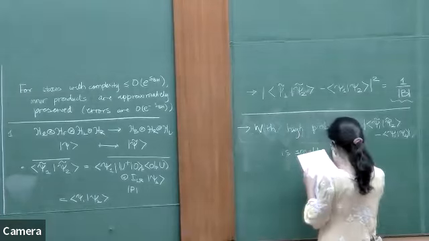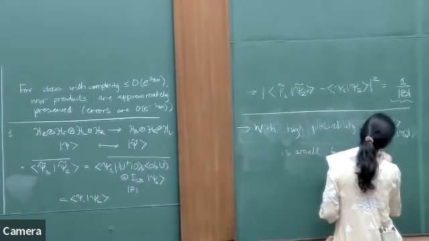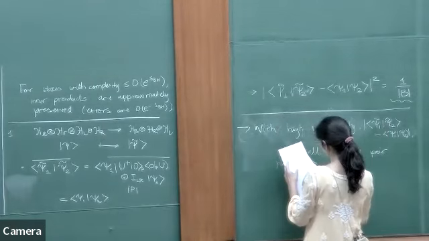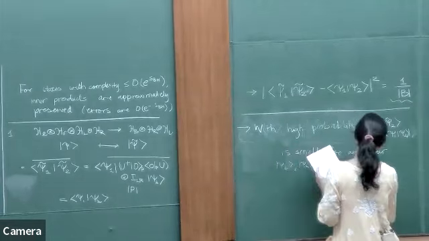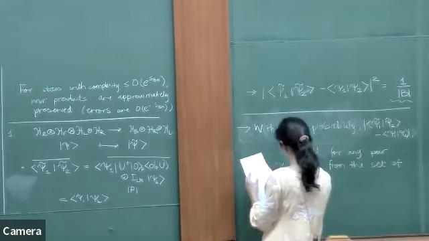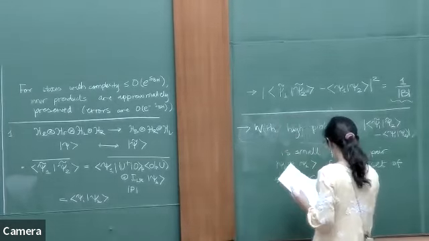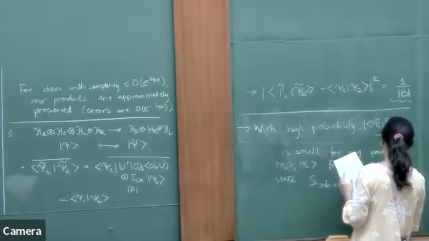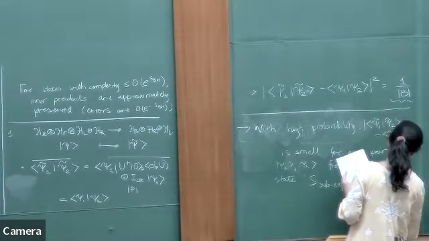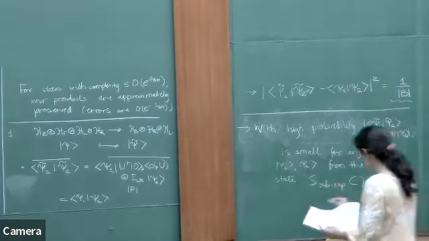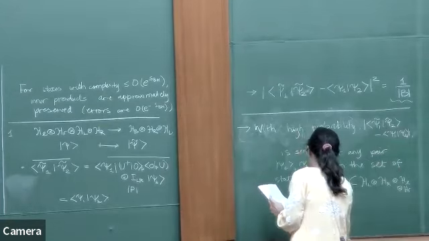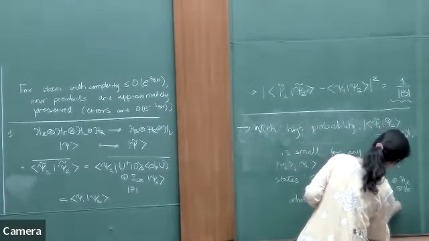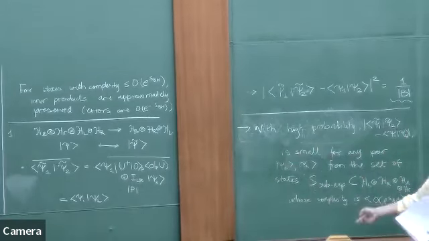We want to show that this thing is small for any pair psi 1, psi 2 from the set of states which I'll call S sub X, which would be some subset of the whole Hilbert space, whose complexity... okay, I'll do this in a few steps. The first step will be to actually define what I mean by complexity here.